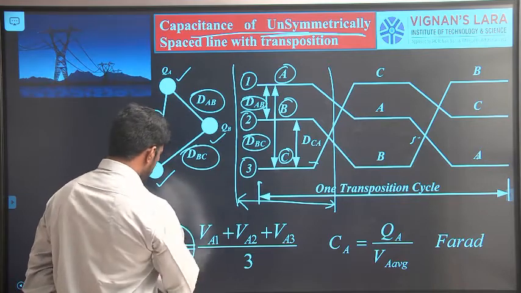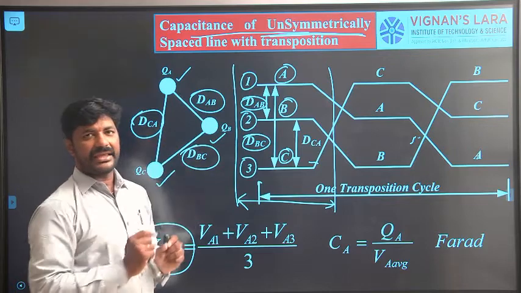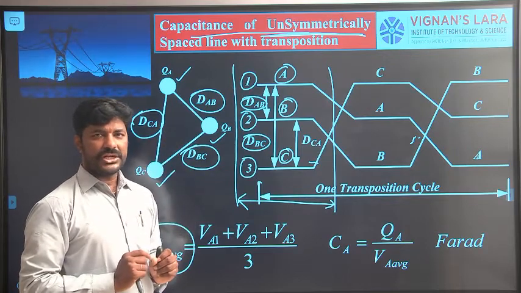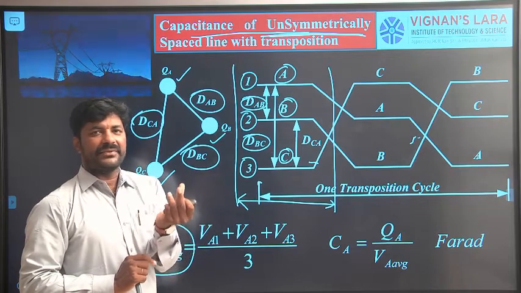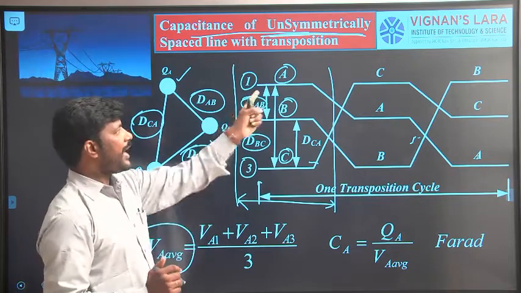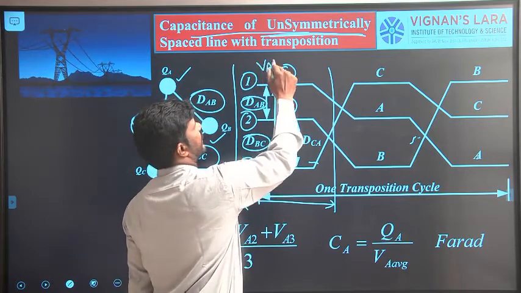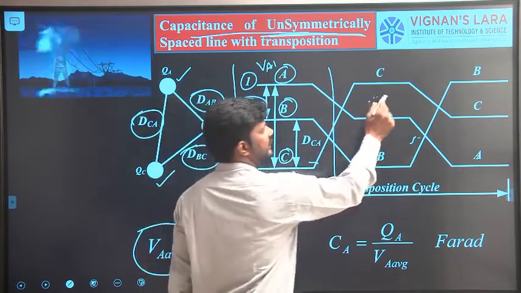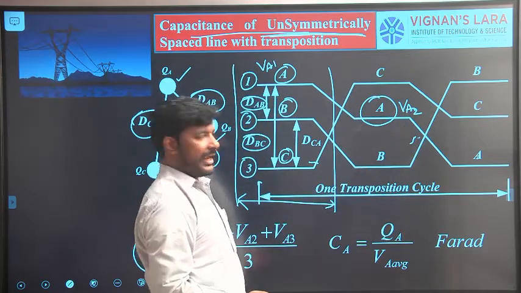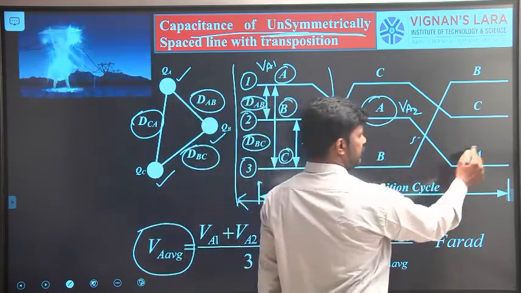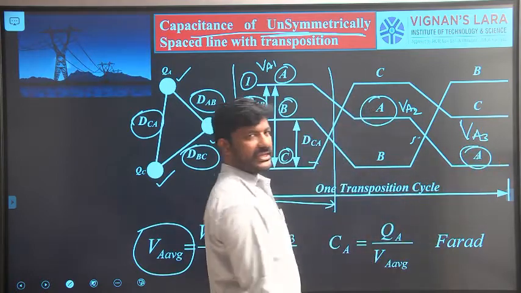The conductors which are transposed should undergo an average value calculation, because a total of 3 positions are there. For those 3 positions, we should write the potentials of those conductors at the different positions. So I call the potential of conductor A in this section VA1, and the potential of the same conductor A in this section VA2. Since the position was changed, in the third section the potential of the conductor is called VA3.